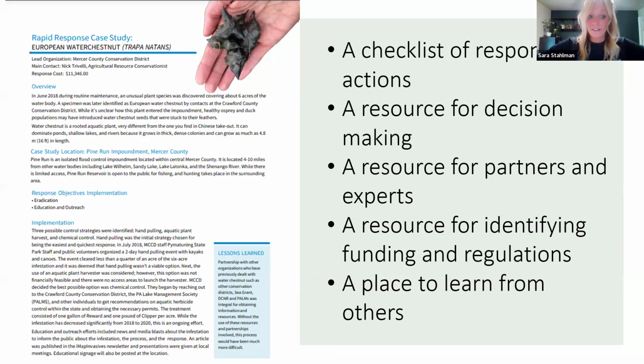It also has contact information. We recently found that these are being used. There was another infestation of water chestnut, I believe it might have been in Jefferson County, don't quote me on that. They reached out to the main contact, Nick Travelli, in this case study to get advice and information that helped them respond to their infestation.